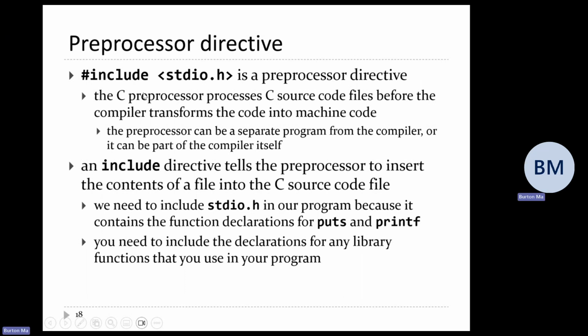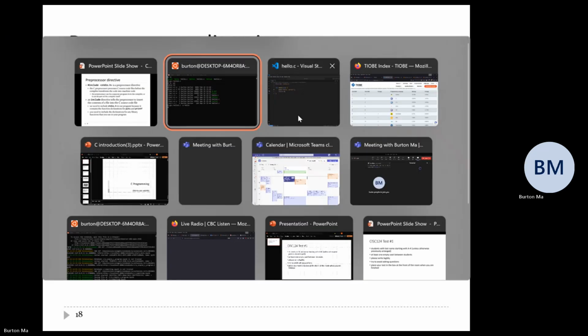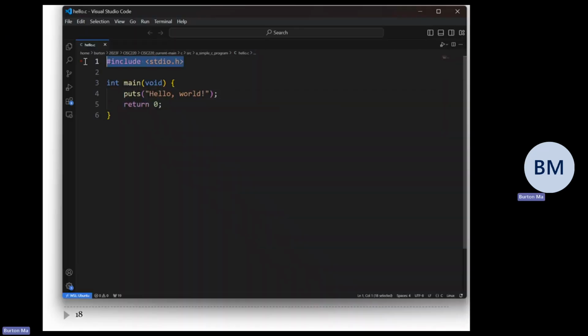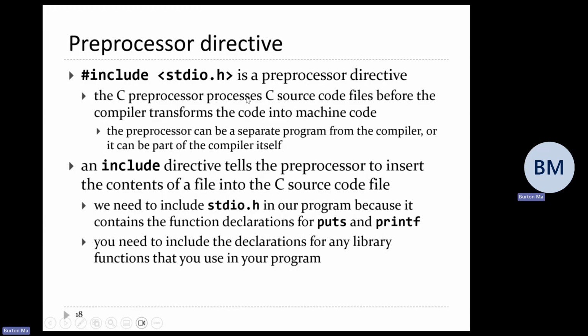Okay, so what else is going on in that program? Well, there's this include thing. Notice the first line of my program was this include directive. That include directive is what's called a preprocessor directive. The compilation process in C goes through a whole bunch of steps.